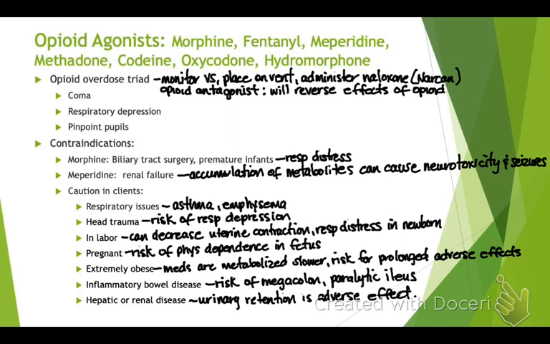And then the hepatic or renal disease, because of the urinary retention, is an adverse effect. These patients usually, we want to give it with caution. So all of these are not completely contraindicated, but they do have a caution label on them. So when we do give these opioid agonists to these patients, we need to do it with caution.